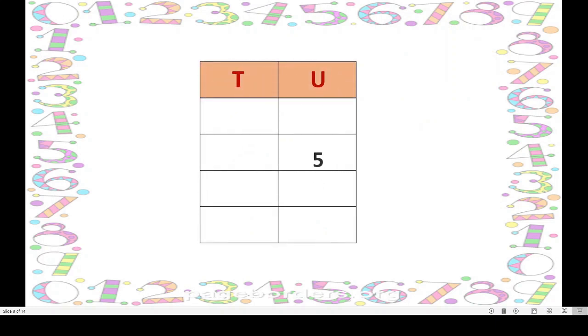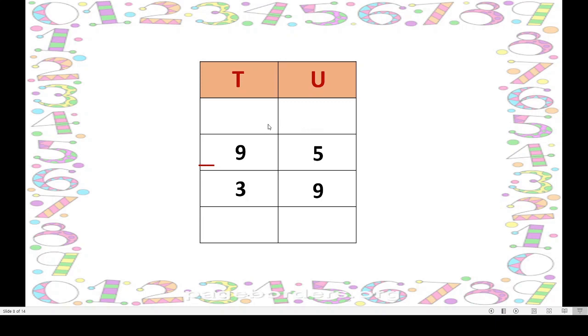Here is the table, one more we will solve so that the concept will become clear for us. Again here 95 minus 39. 5 is there and here 9 is there. So 9 is bigger than 5.